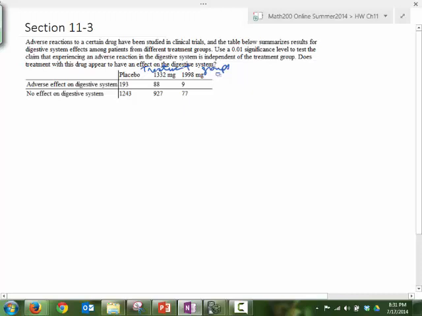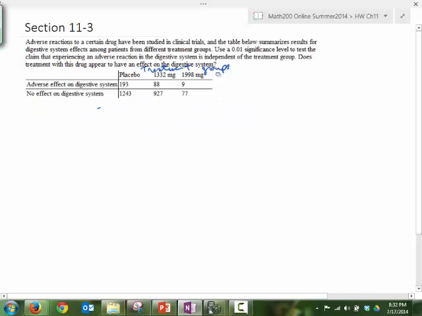Test the claim that experiencing an adverse reaction in the digestive system is independent. So we're going to start off by writing our claim, or our H naught is our claim because it's independent. So let's write this down. I should have just typed this, huh?